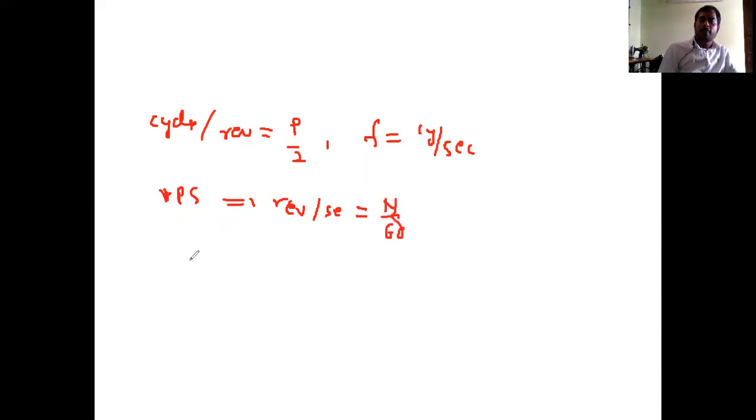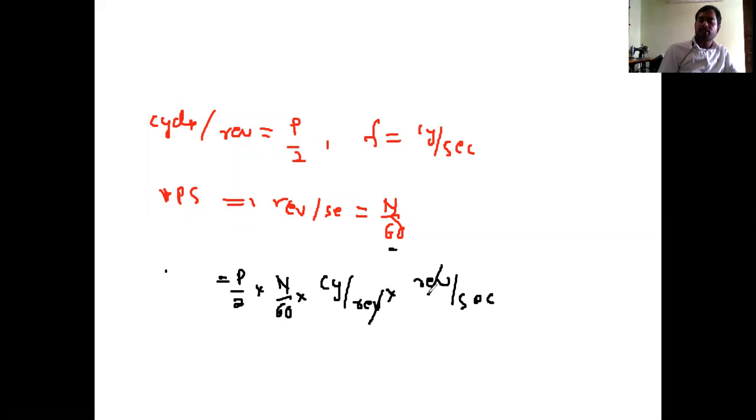If you multiply P by 2 and N by 60, P by 2 is cycles per revolution, and N by 60 is revolution per second. So revolution will cancel and we get cycles per second, that is PN by 120.